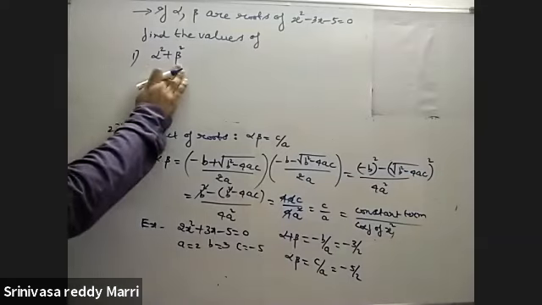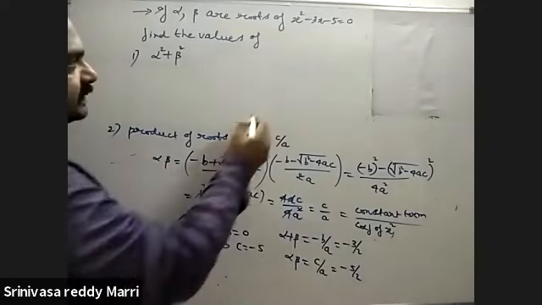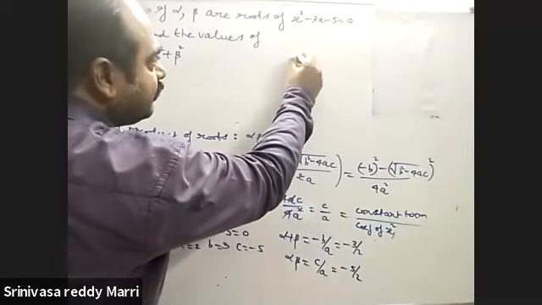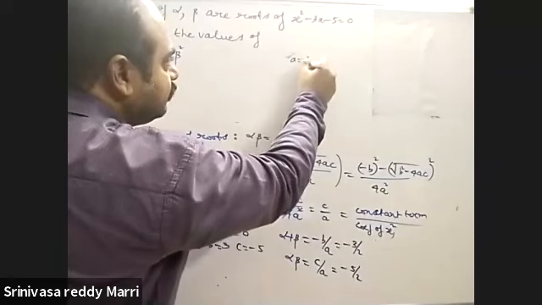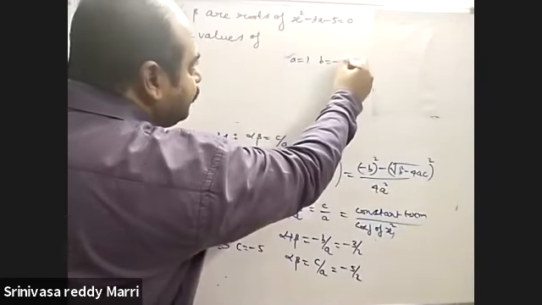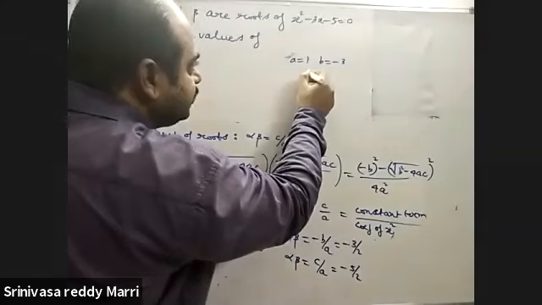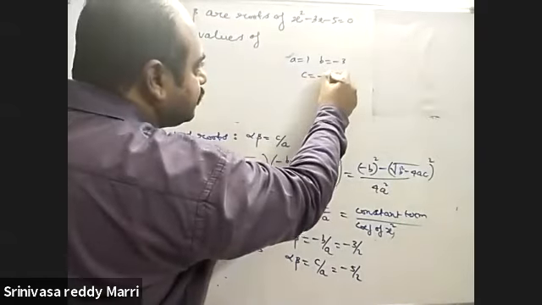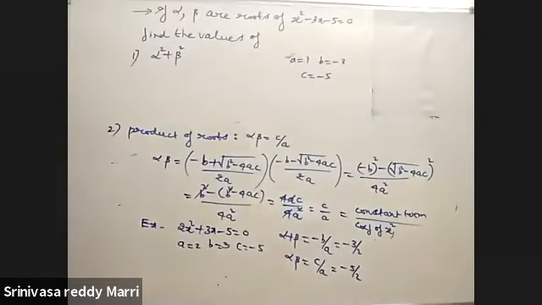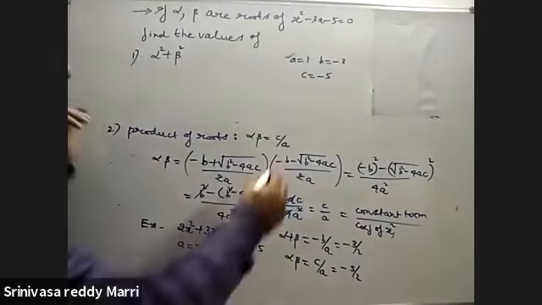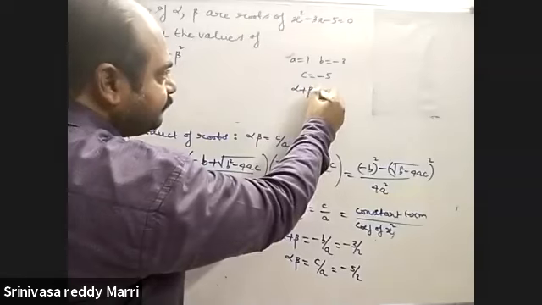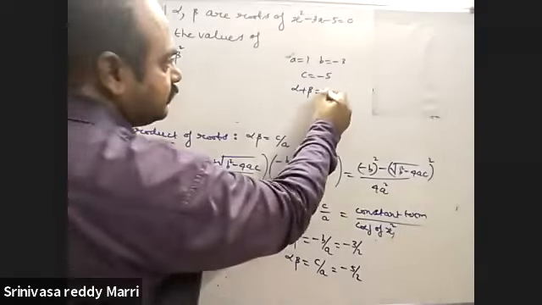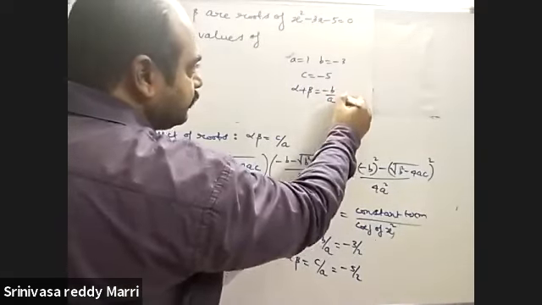Look at it like this. First, what you have to write is the sum of the roots. For this given equation, a equal to 1, b equal to minus 3, c equal to minus 5. Okay? So the first relation between the roots: alpha plus beta equals minus b by a.